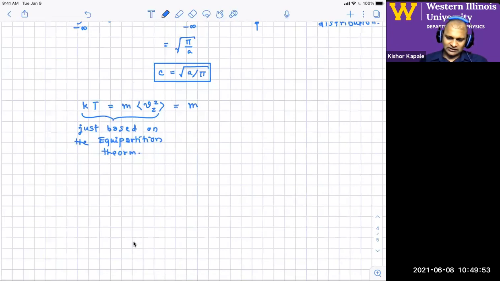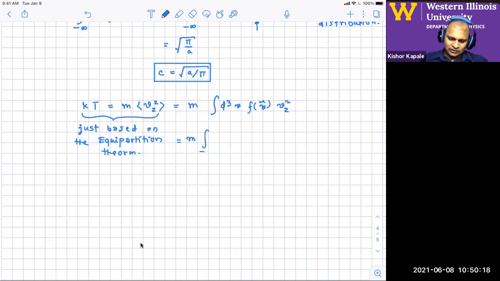And so this means this integral is going to be d cube v f of v vz squared. Okay. And so when we know that, we can then figure out some other properties. I'm just going to now work with this integral.